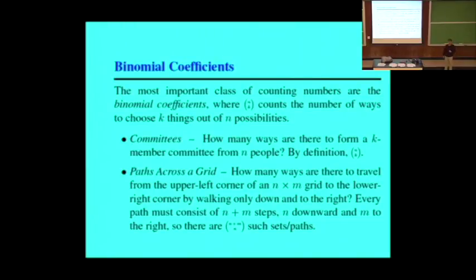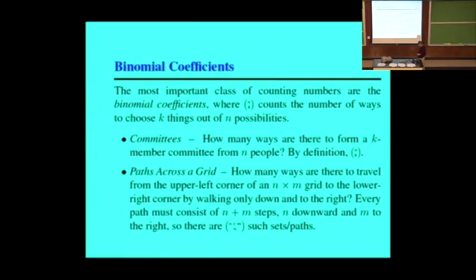Suppose you are angry about how the grading is happening on the homeworks, and I say, form a committee of 5 of you. How many possible committees are there? Well, there are 210 people in the class. 210 choose 5 is the number of committees you could build. Any questions? So binomial coefficients are important because they count a lot of interesting things.